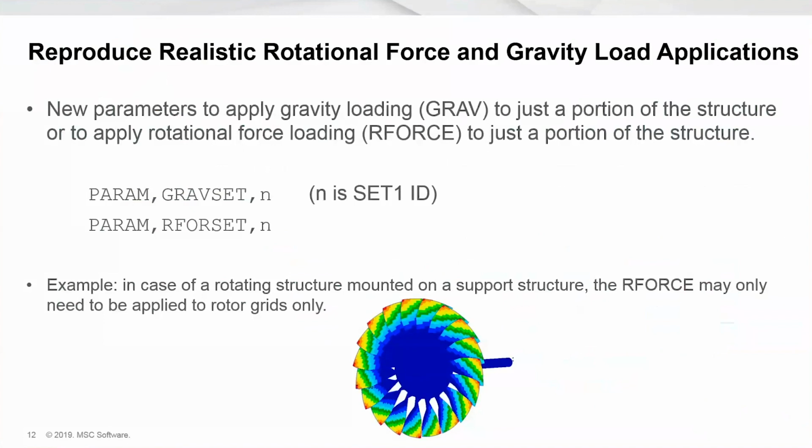So a real-world example for this would be a rotating structure mounted on a support structure, and you would need to apply the R force only to the rotating grid or the rotor grid, and this could be done now with the PARAM R FORCE SET N. And similarly, if you want to apply the partial gravity to the model, then you could do that as well.